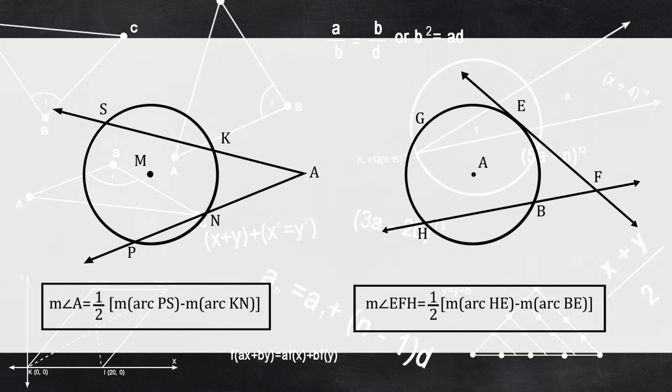In the second figure, line EF is a tangent line and line HB is a secant line. Measure of angle EFH is equal to 1/2 the measure of arc HE minus measure of arc BE.